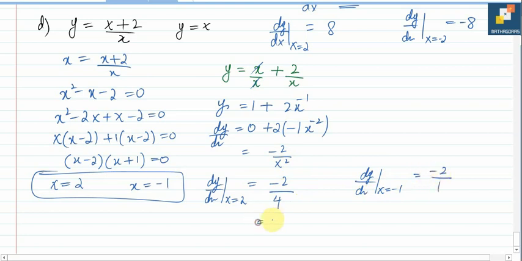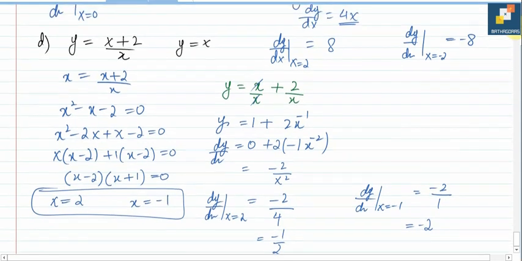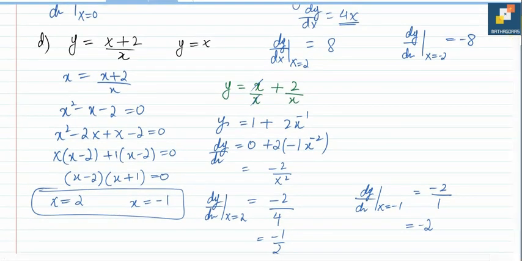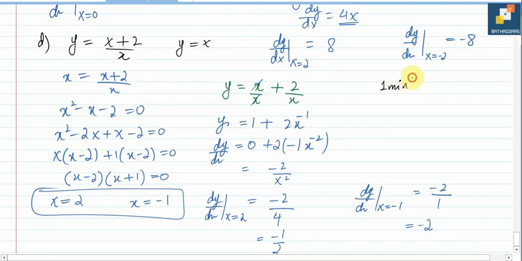So the first answer is minus 1 upon 2 and the next answer is minus 2. These are the final answers. Before moving towards the next question, you need to write down this solution in your copy, and for that you have a time of 1 minute. So write down the solution in your copy.